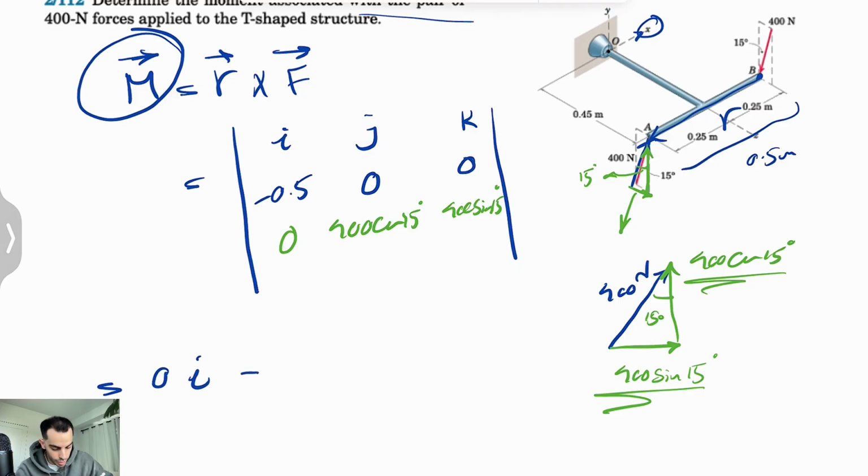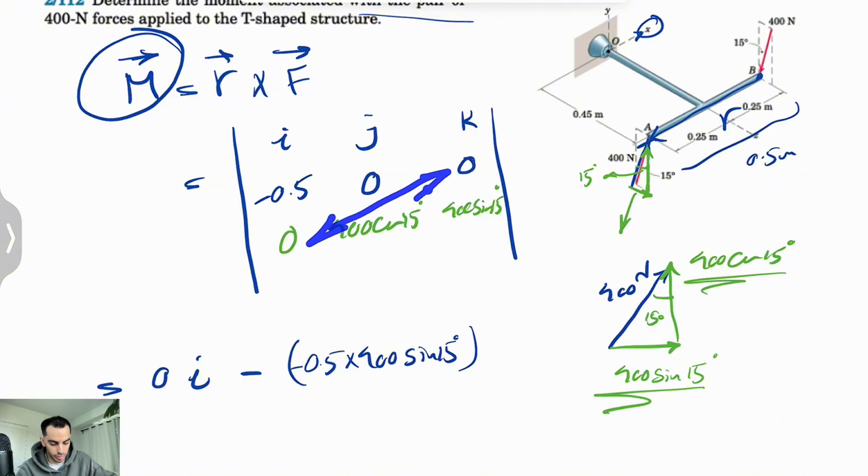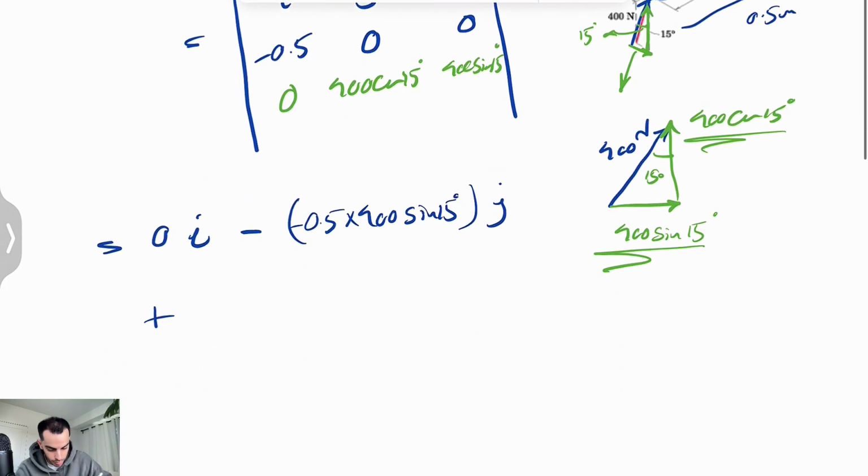Keep in mind that the j for finding the determinant always has a negative sign. So for that, we cover our j: negative 0.5 times 400 sine of 15 degrees, and the other two components will be 0 because it's 0 times 0. So that's going to be our j, and the last one is k.